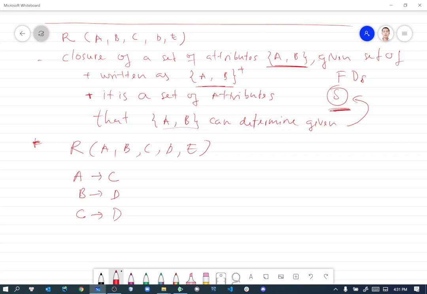So now this is the set of functional dependencies S.